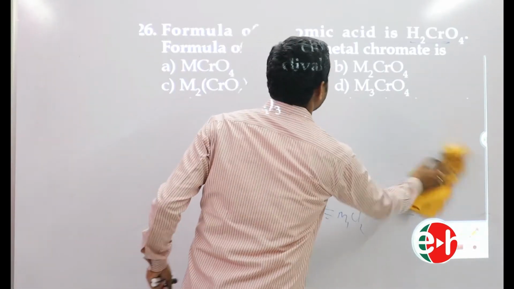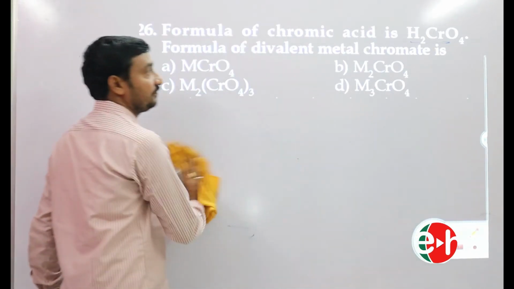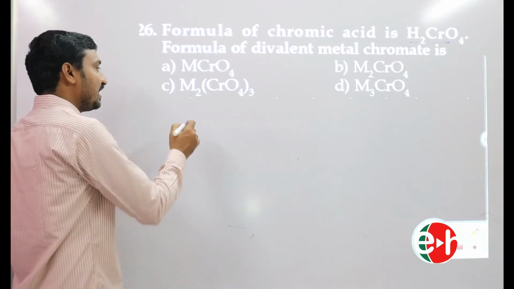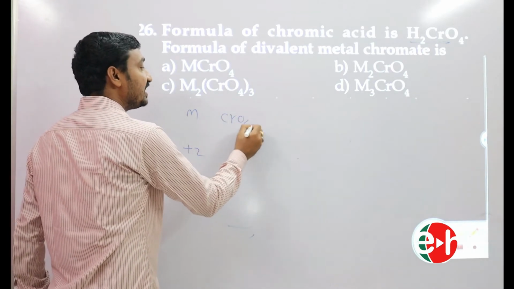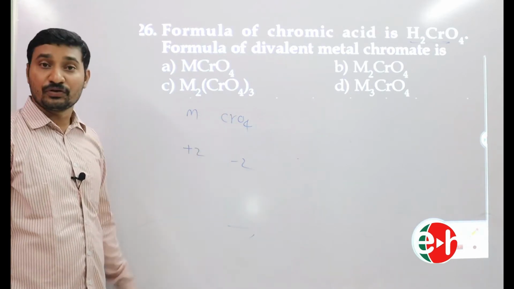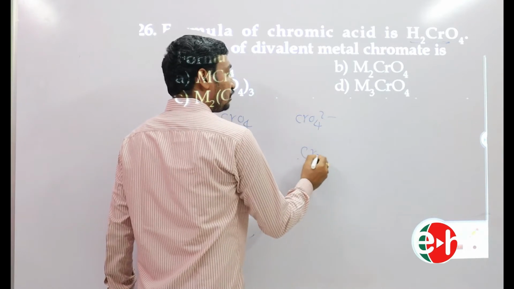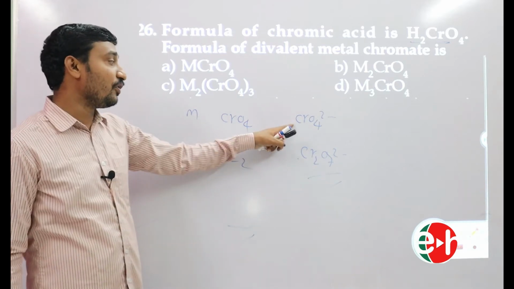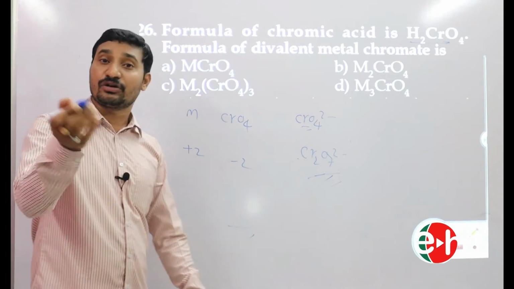Formula of chromic acid is H2CrO4. Formula of divalent metal chromate. Metal M is divalent, +2. Chromate ion we know, CrO4 2-. CrO4 2- is the chromate ion and Cr2O7 2- is the dichromate ion.